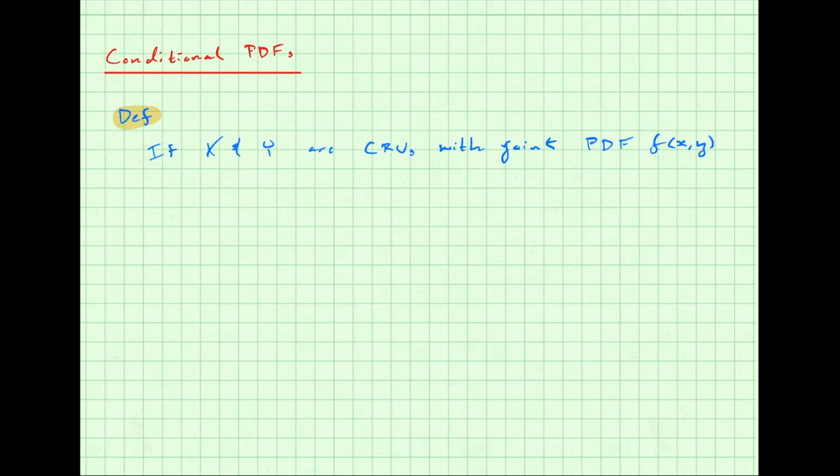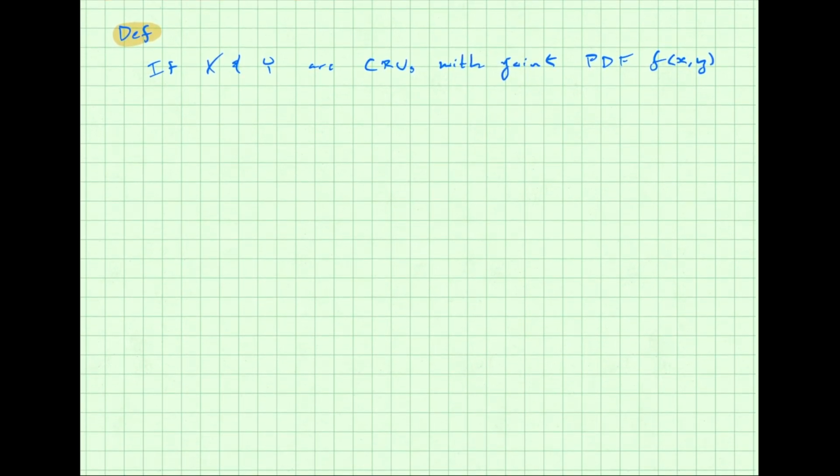Right. Then we really have to make two different statements here. There's the conditional probability for x given y and for y given x. All right, so let's do these.